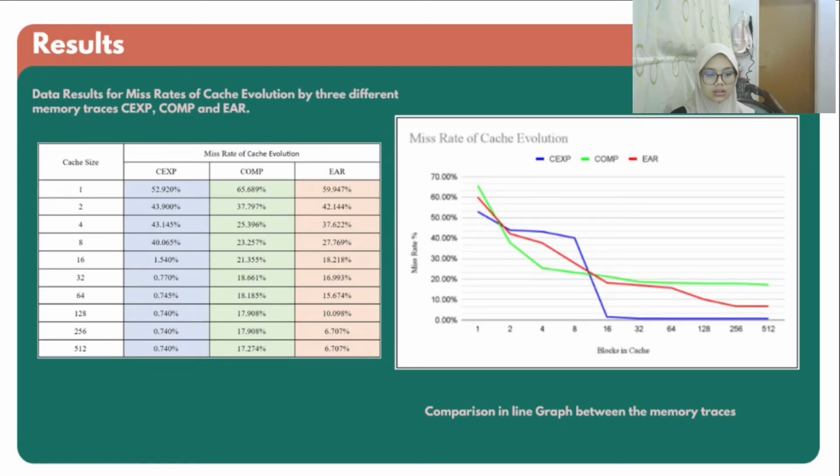The trend on the miss rate of cache evolution shows the same pattern as multiprocessor evolution that has been explained. And from both the table and line graph, we could say that the miss rate for the memory traces CEXP, COMP and EAR decreases as long as the cache size is increasing.